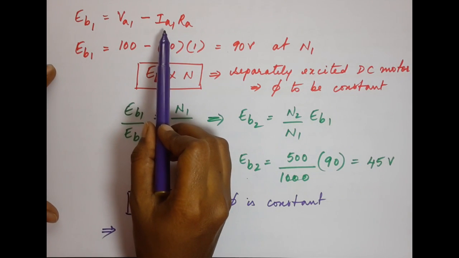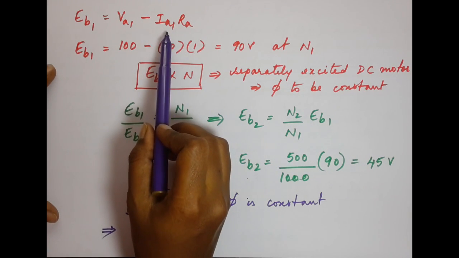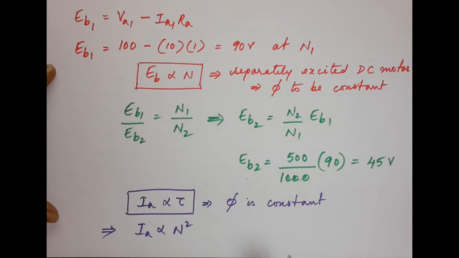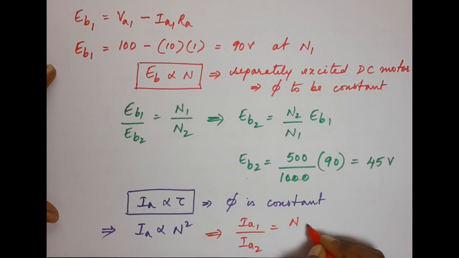We have the value of IA1. In order to find out the value of VA2, we need IA2. So this is going to give us a second relation, or a proportion in fact. Now this can be written as IA1 by IA2 is equal to N1 square by N2 square. Alright, I hope this is clear so far. Now all we have to do is substitute the values for IA1, N1, N2 and find the value of IA2.